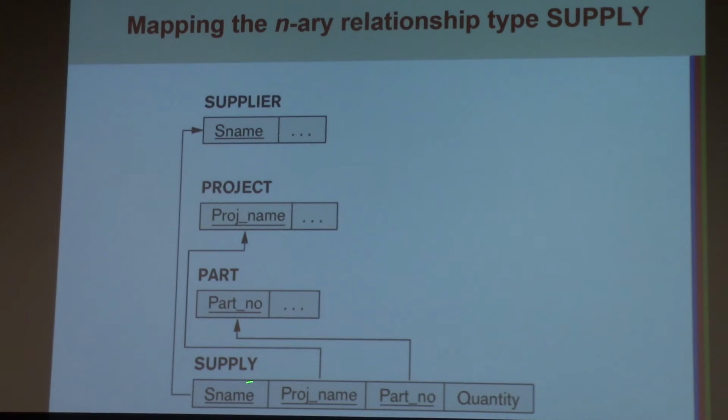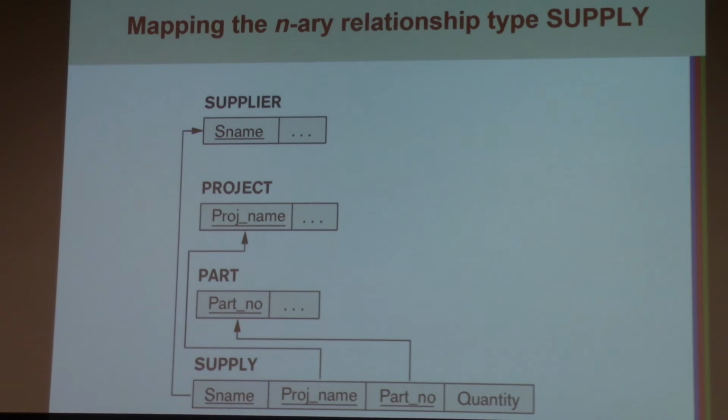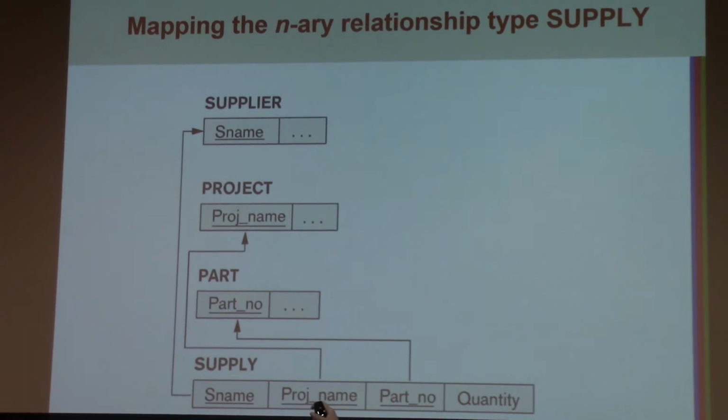One of them is creating the in-between table. We create the supply table and create binary relationships to each. The most popular one is this approach. At that time, the in-between table, supply, has a composite primary key combining all of these.